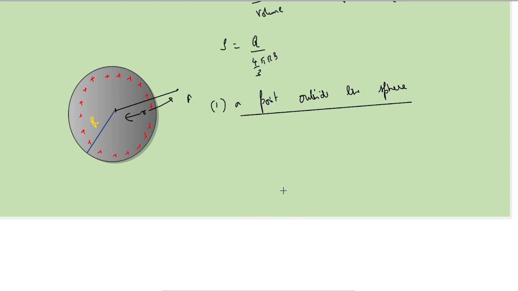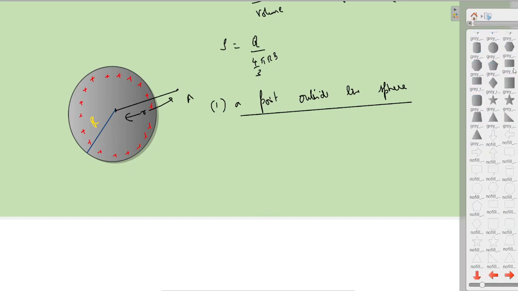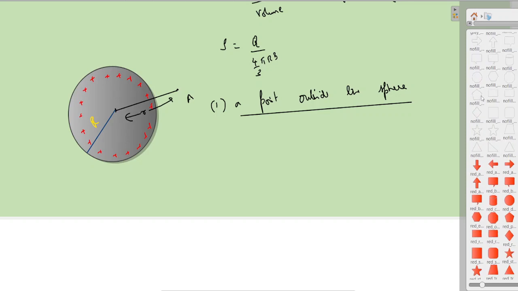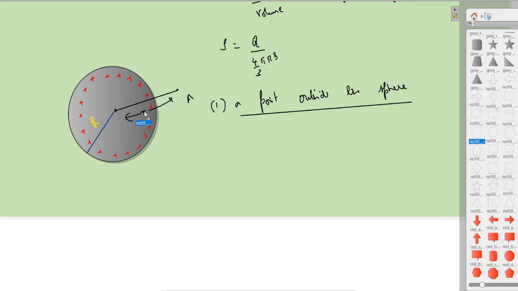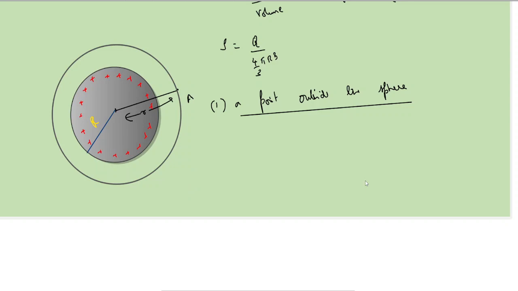The best thing is to use Gauss law, and for that we need a Gaussian surface. Again, by common sense, we can tell that the best fit surface here would be a sphere. So we'll draw a sphere around this. As seen here, we have drawn a sphere of radius small r.